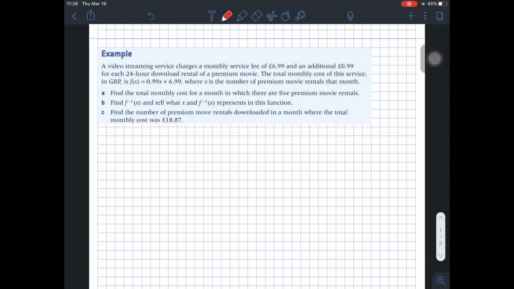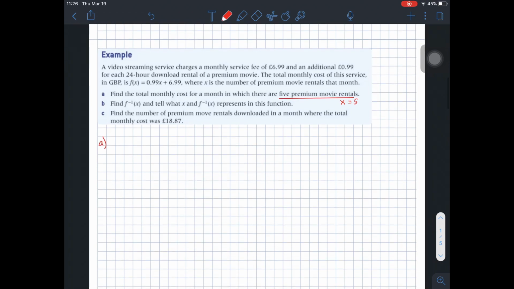Okay, so part A. Find the total monthly cost for a month in which there are 5 premium movie rentals. Okay, so what will be this information? If we look at our equation, it says that x corresponds to the number of premium movie rentals that month. So what we're given here is the value of x, which is 5, right?